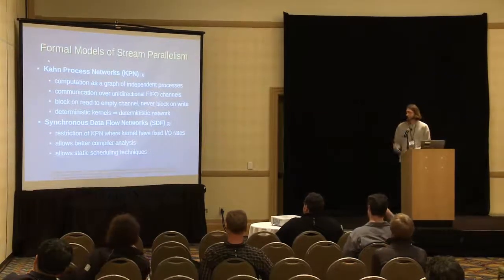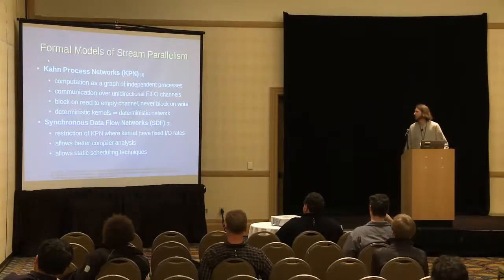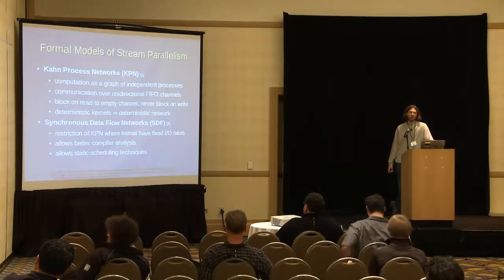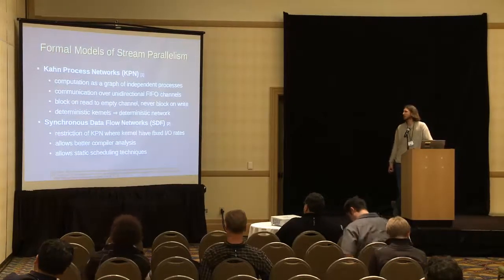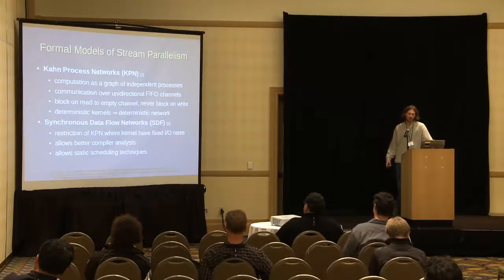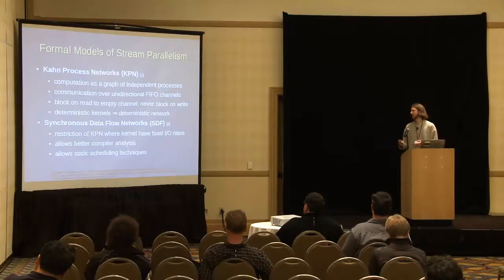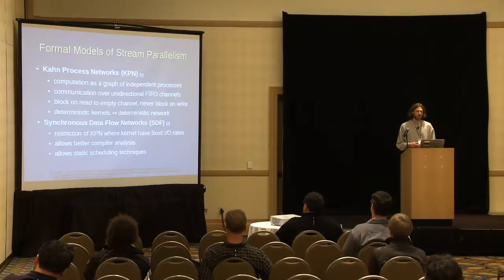Okay, so formally, what do we mean by stream processing? There's basically two formal models that are used to describe this. One is a Kahn process network. This is the more general form, where you have a network of processes communicating over first in, first out data channels.